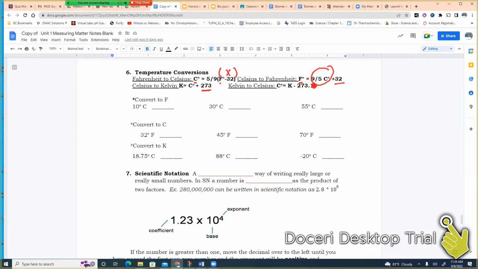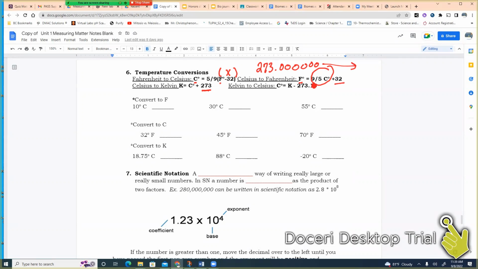Those numbers are considered constants, so they're not going to affect my sig figs. Even though we write it as 273, it's really 273 with zeros for a long, long time. So they're not going to be changed. Same thing with the 32. So your sig figs are going to come more from what you start off with, not so much from the numbers you add to it.